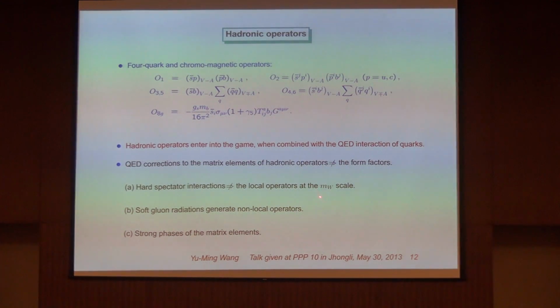Within factorization theory, we can still find that after integrating out the hard or hard-collinear modes, you still can get some local operators. The second is that the soft gluon radiation certainly doesn't generate soft local operators, which I will explain in much more detail in this talk. Probably the simplest argument is that this matrix element actually involves a strong phase, which never happens for the form factor. So the strong phase is actually also q squared dependent.